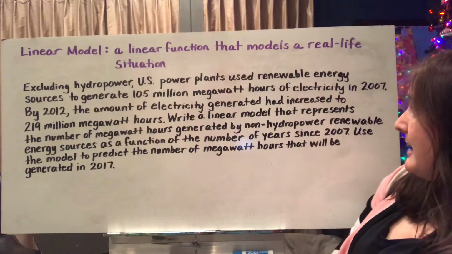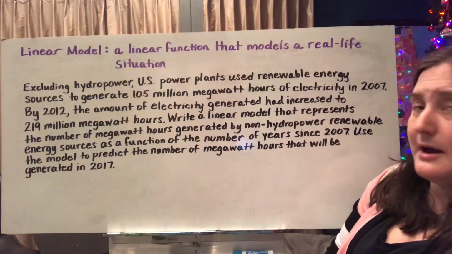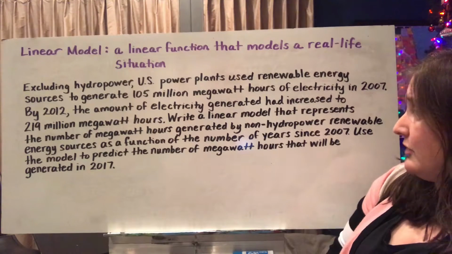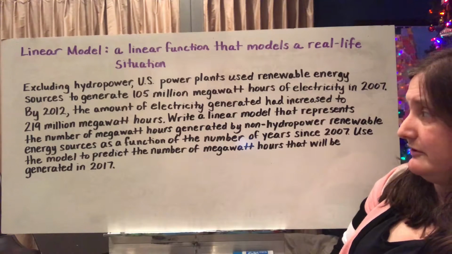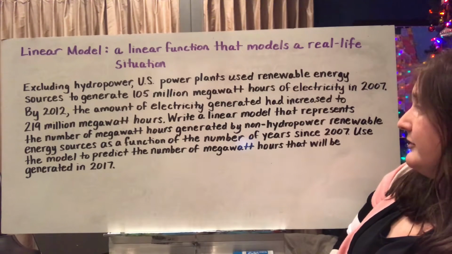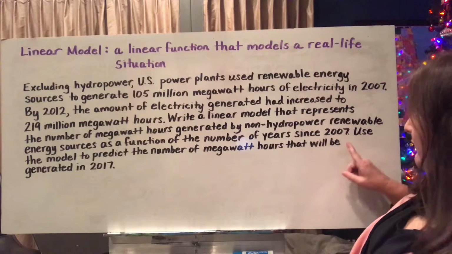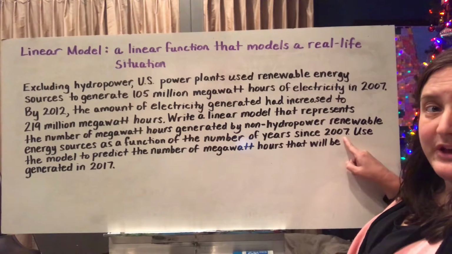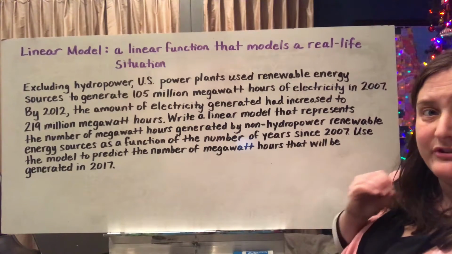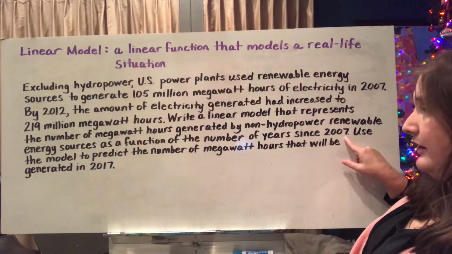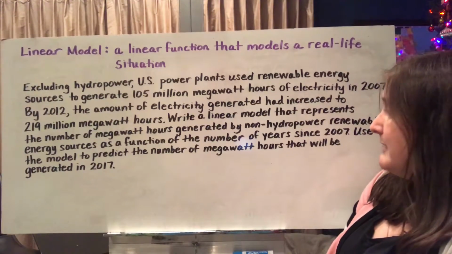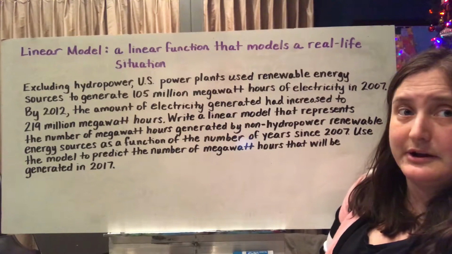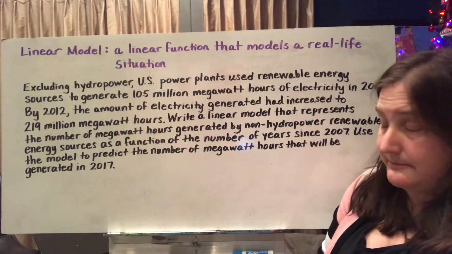They want a linear model that represents the number of megawatt hours generated by non-hydropower renewable energy sources as a function of the number of years since 2007. So 2007 is going to be like year 0. It's going to start at 2007. And we're going to use the model to predict the number of megawatt hours that will be generated in 2017.